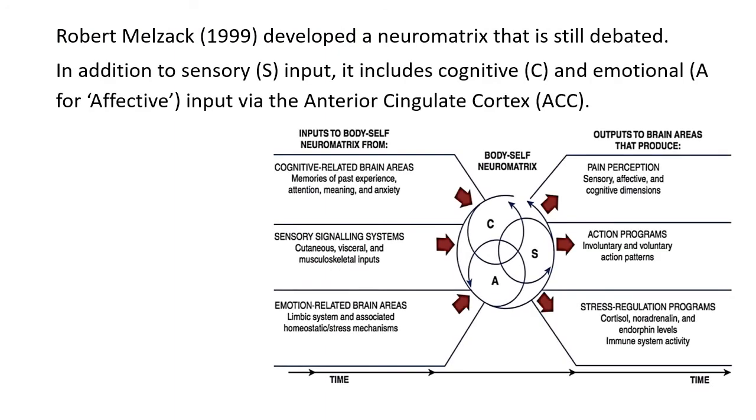In the diagram, the central neuromatrix includes sensory input, the S, i.e. this is from nociceptors, cognitive aspects related to beliefs and prior experience, the C, and also affective, the A, and this is input related to emotions.